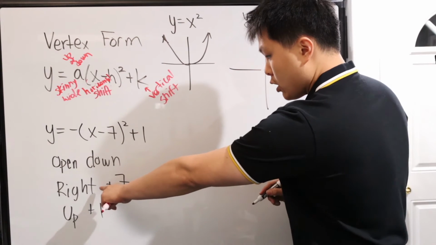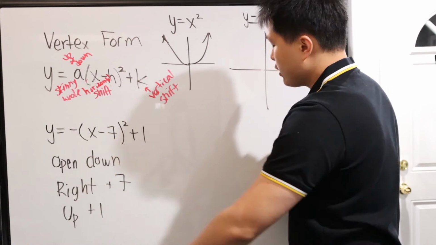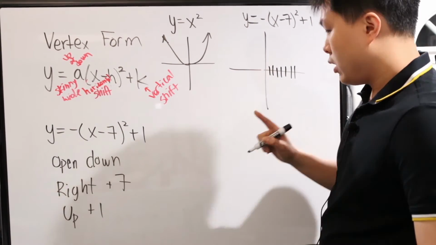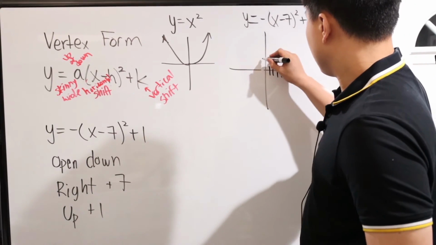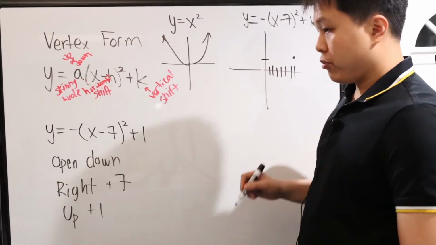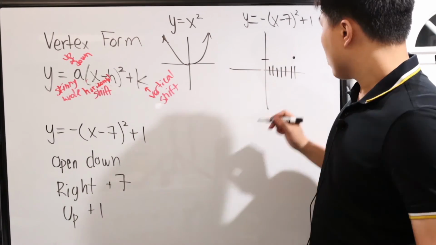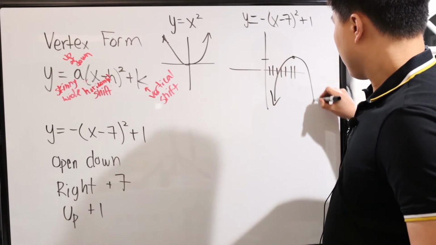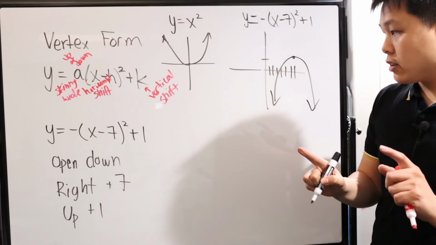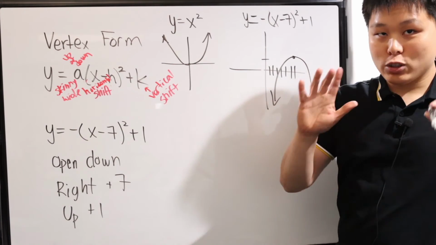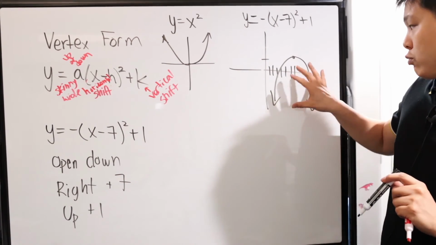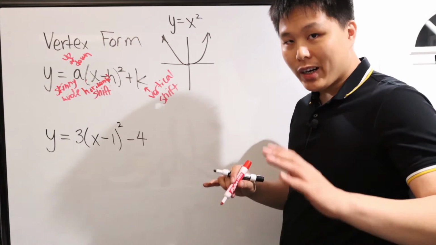So over to the 7, 1, 2, 3, 4, 5, 6, 7, and it goes up 1. That's our vertex itself. We also know that it opens downward, so rather than going like a U shape up, it actually looks like that. And just like that, without doing any super complicated computation, we immediately know this graph right here looks roughly like that.